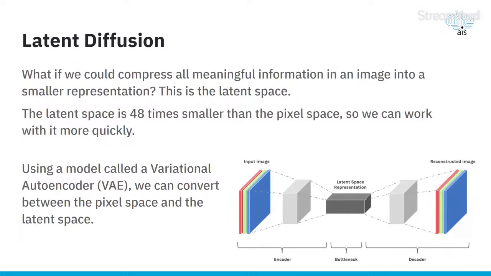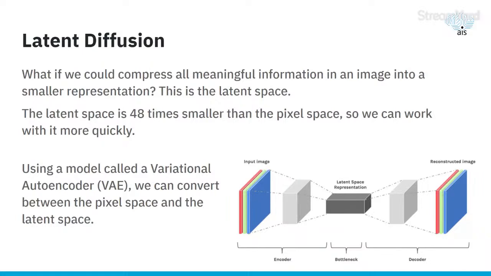Natural images tend to follow certain patterns. It isn't pure randomness, so you can actually compress images a fair bit using this process. It's called the latent space. It's about 48 times smaller than the pixel space. So it is a lot smaller, and because of that, it can be worked with a lot more quickly.